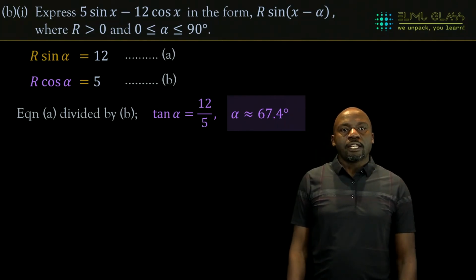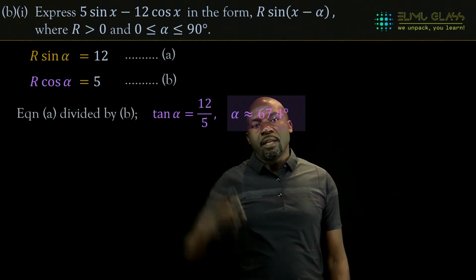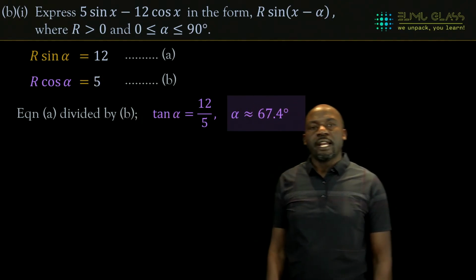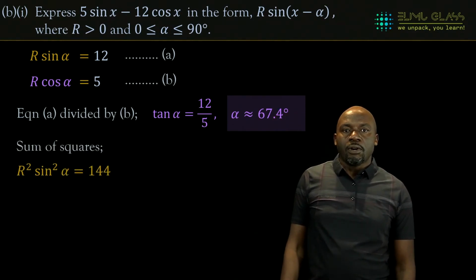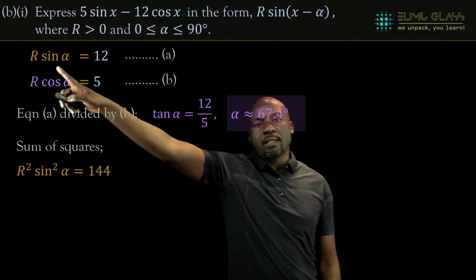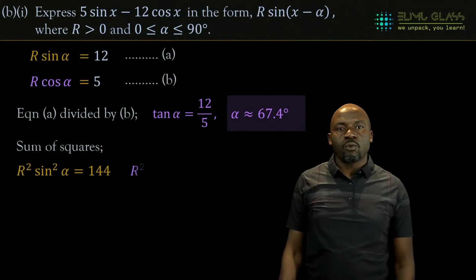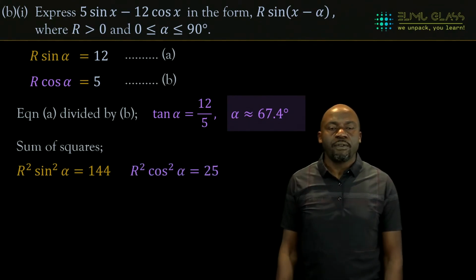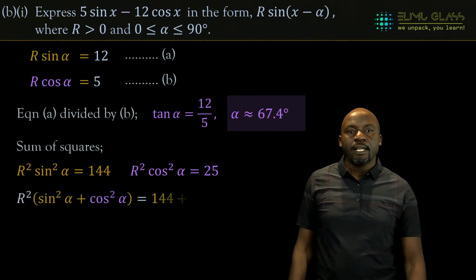The next part is to find the value of r. Square equation 1 and equation 2 and then add them together. So r squared sine squared alpha is 144, and similarly r squared cos squared alpha must be 25. If we add, the left hand side must be the sum of the right hand side.